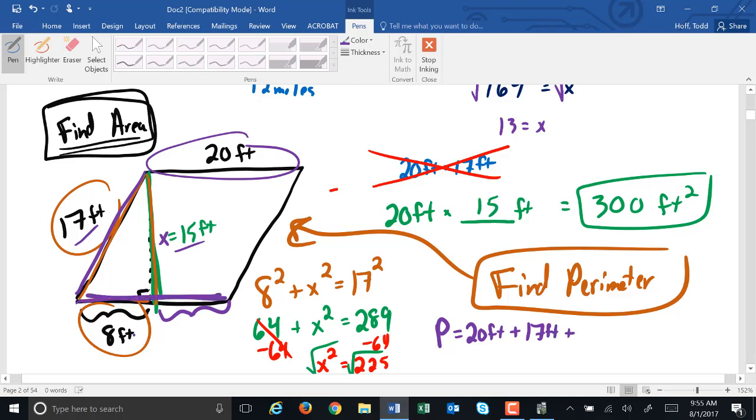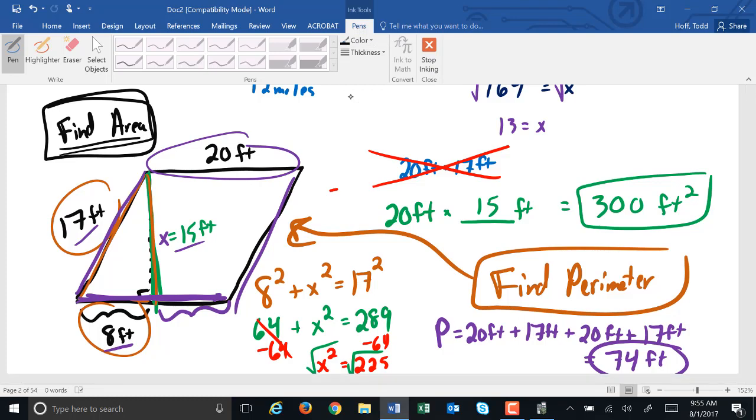Down here, do I use the 8? It's 20. It's the whole side, which is 20. And of course, this side must also be 17. So that adds up to 74 feet of perimeter. Any questions there?